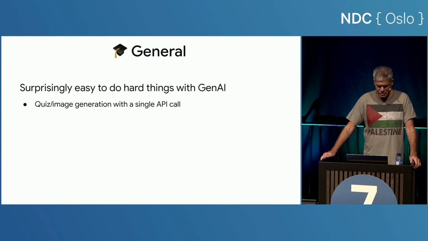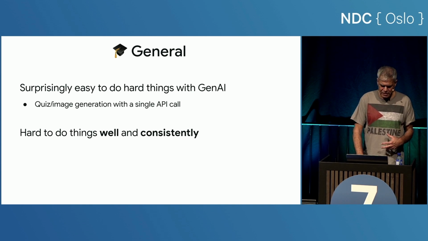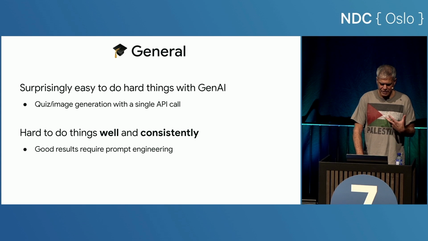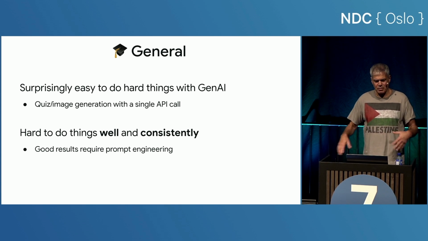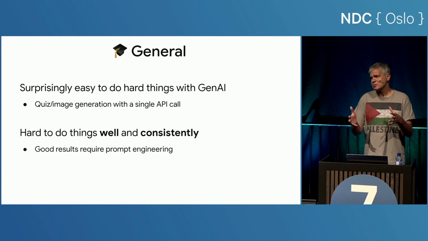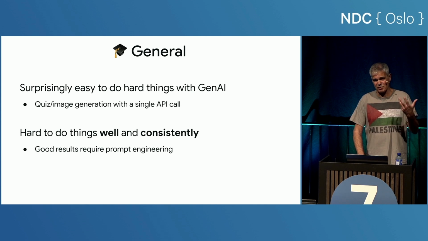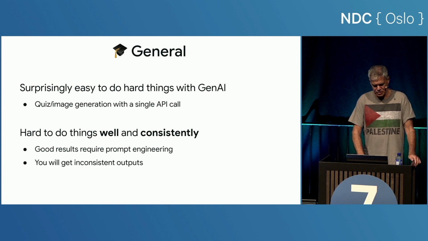Quiz image generation with a single API call is another example of how powerful this is. On the other hand, it's hard to do things well and consistently. Good results require very specific prompt engineering, and then once you've optimized your prompt, you may find you need to keep working on it. That's almost like your software life cycle, where you're finding and fixing bugs all the time.